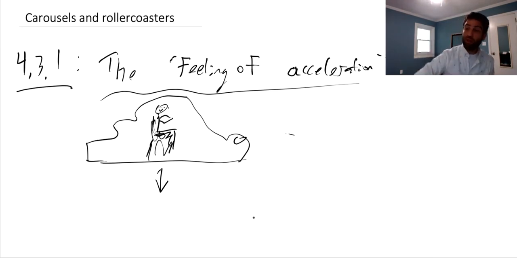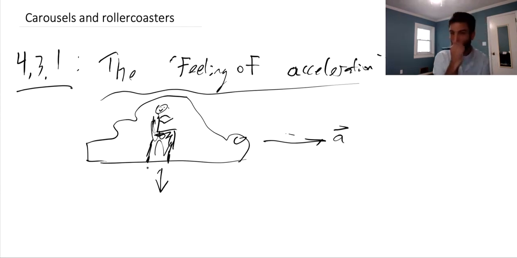Now, when you slam on the gas, your engine is converting some of the chemical energy in the fuel into rotational motion of the tires, which, because they're rolling along the ground, gets converted into additional forward velocity of your car. So that is going to make the car move faster, right? The whole car is moving faster, so the car starts to accelerate in this direction, picking up more and more velocity. The car seat is bolted to the car frame, so the car seat also starts accelerating forward.